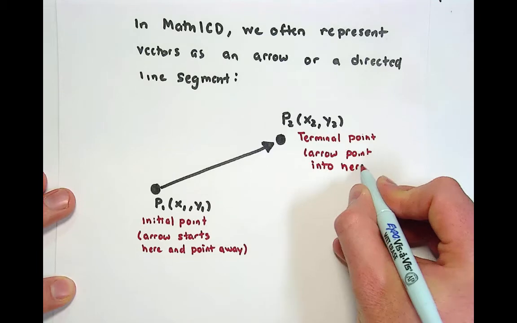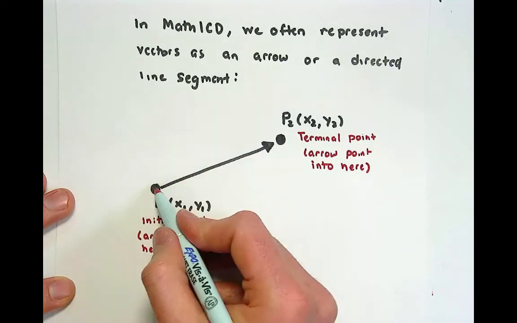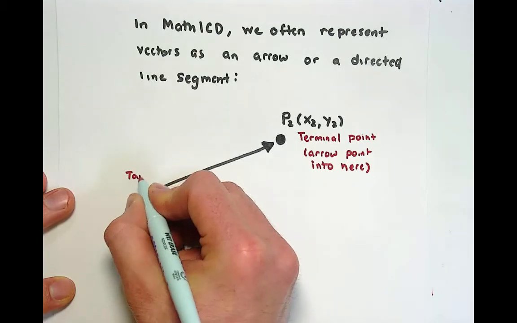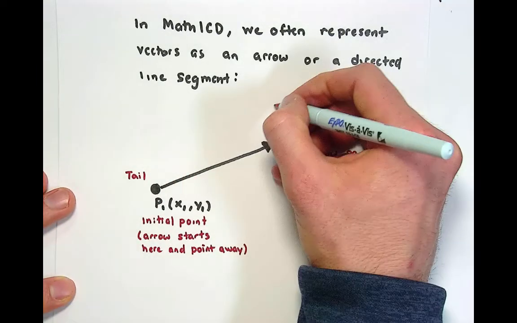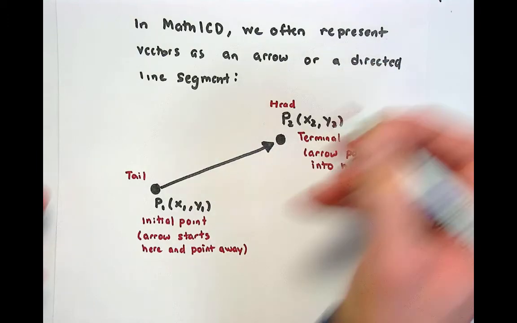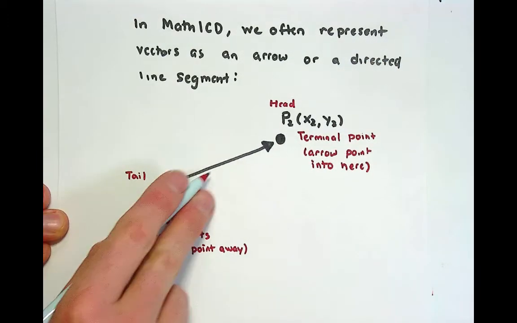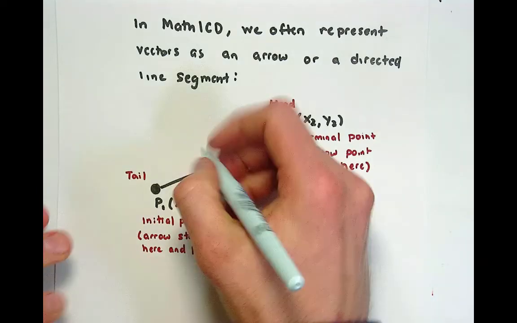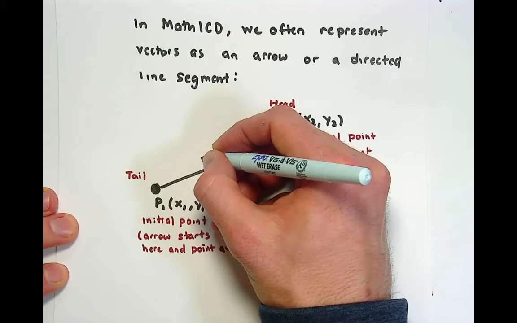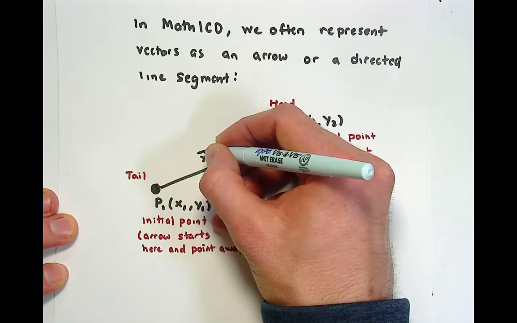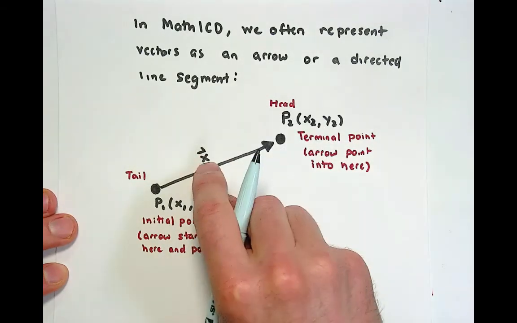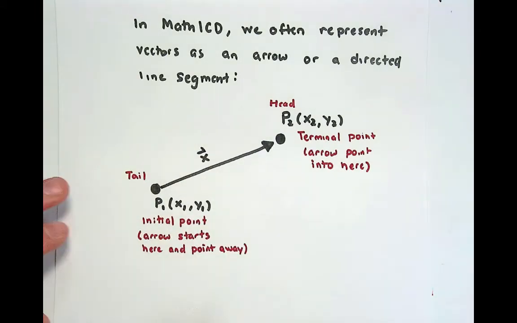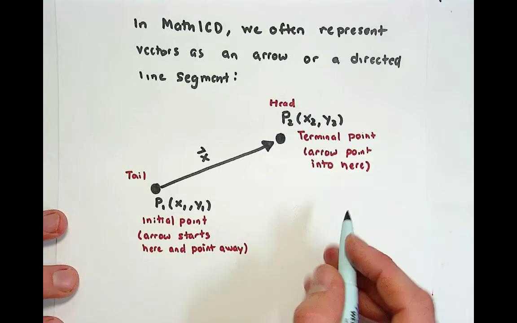Some people call this the tail and the head. So this could also be called the tail of the vector because it's the back part, and this is called the head of the vector. Right? And the direction goes along this direction. Okay. This vector you might call the vector x, and be very, very careful. We know this is a vector and not a coordinate because it has a vector hat. So this is what we call the directed line segment representation of a vector.